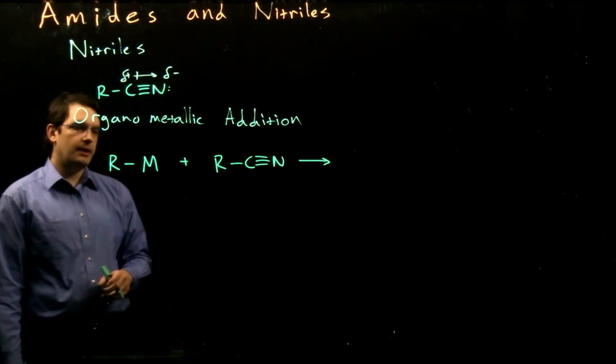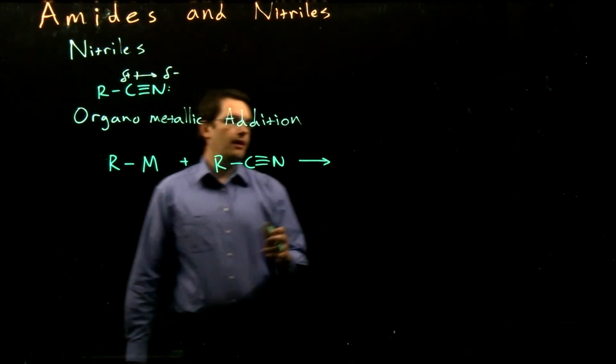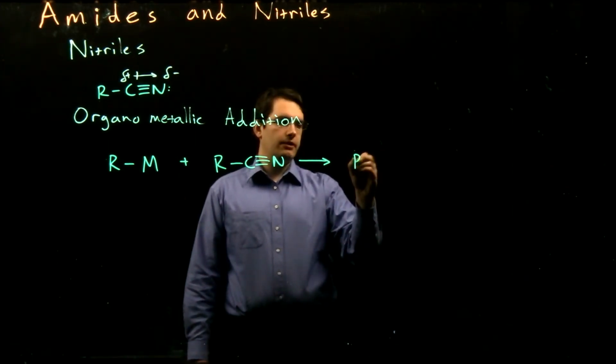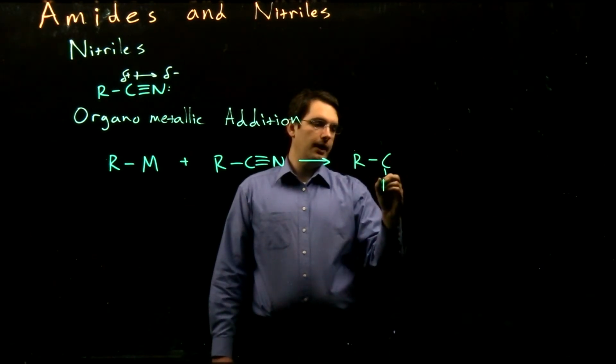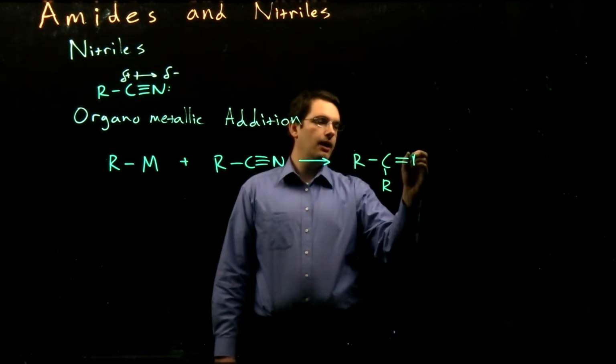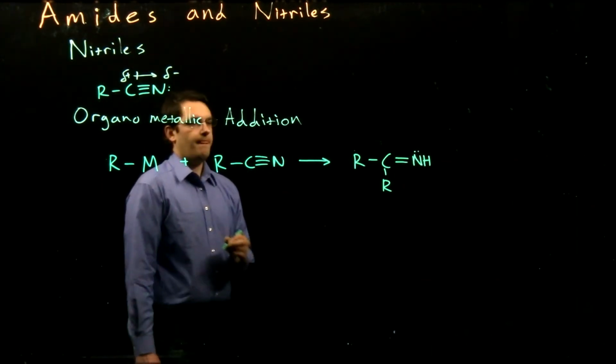Our nucleophilic carbon in that organometallic bond will attack our carbon, and this ends up adding on to create an imine. So we have our extra carbon chain added on, and a double bond to our nitrogen.